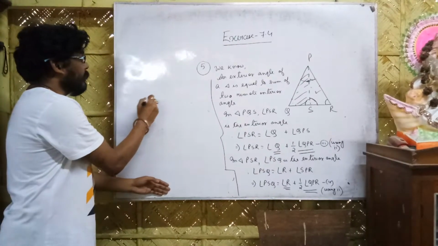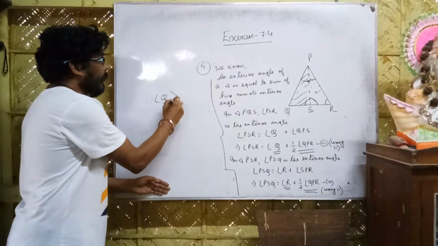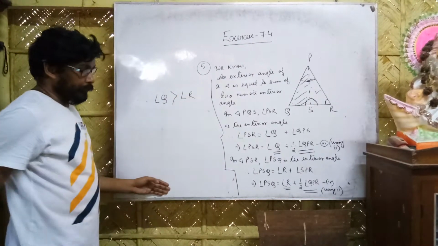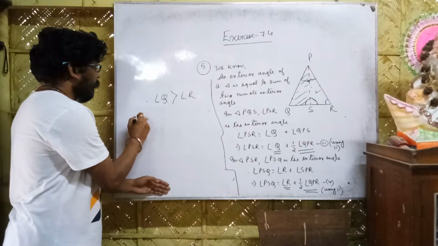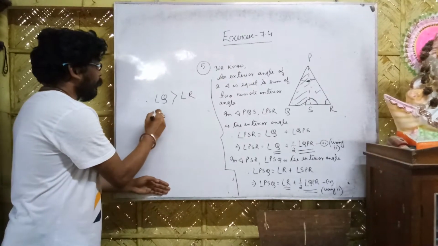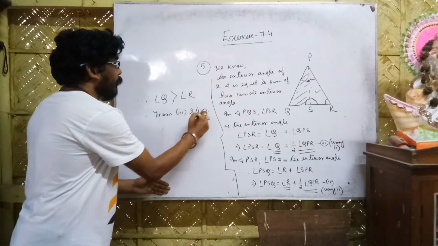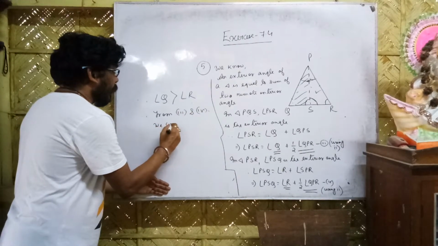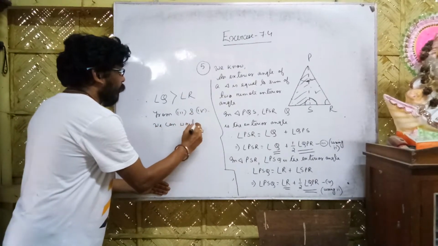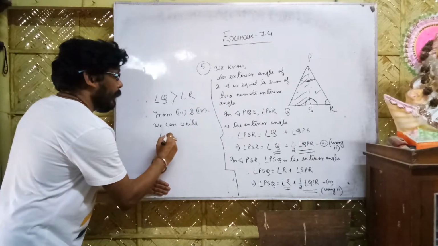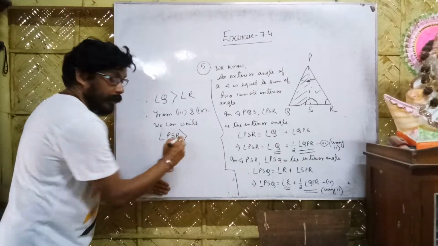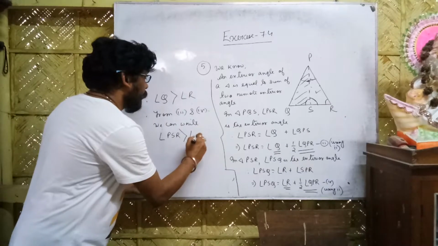So since angle Q is greater than angle R, therefore from 3 and 4 we can write angle PSR is greater than angle PSQ.